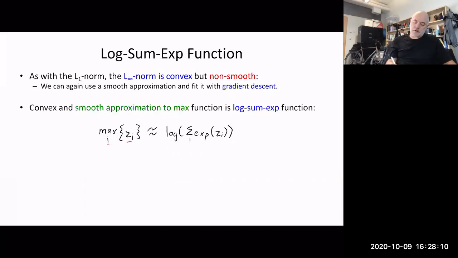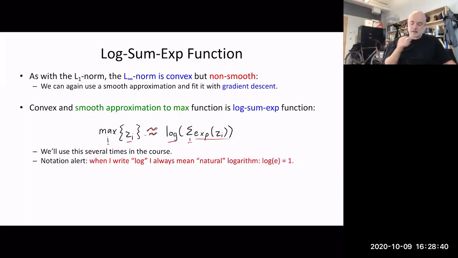What this says is that the value is going to be close to exponentiating all of the individual elements, summing them up, and then taking the log. What's going to happen is that the largest number in that set is going to be exponentially magnified, and all the rest of them are going to be like little decimal points, even for very small differences between the values. Then when you take the log of the sum, you basically get the maximum value back.